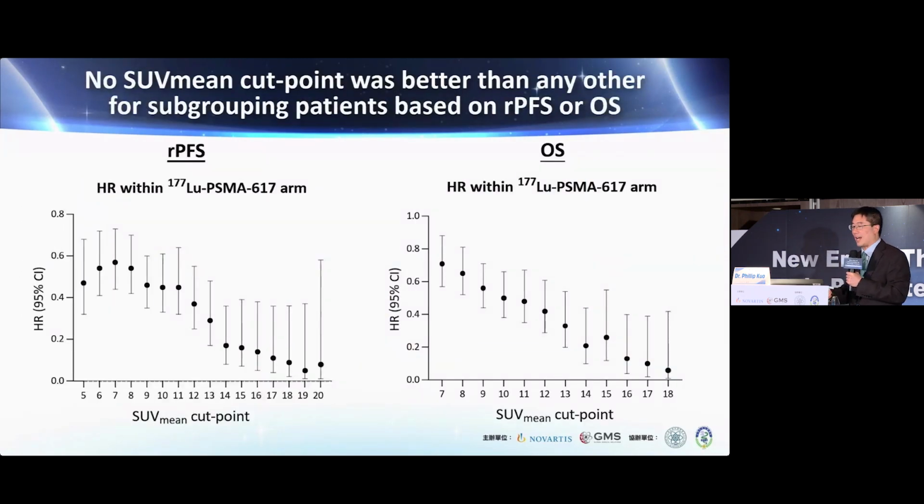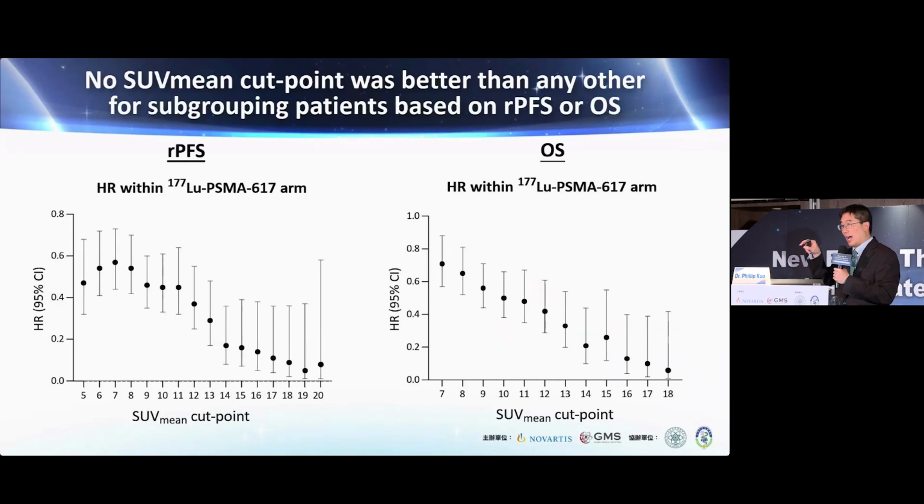Now let's look at this graph on the right. Instead of a quartile analysis, we go by every unit increase of whole body SUV mean on the x-axis, greater than 7, 8, 9, 10, 11, 12. And on the y-axis, we have the hazard ratio for overall survival. And look at this quite linear correlation.